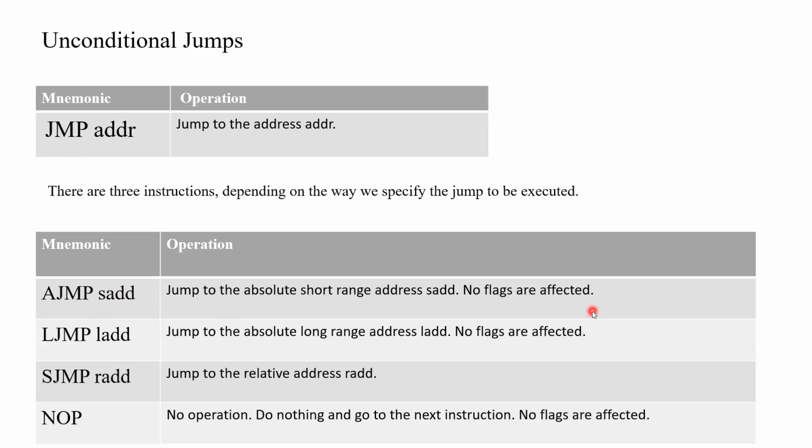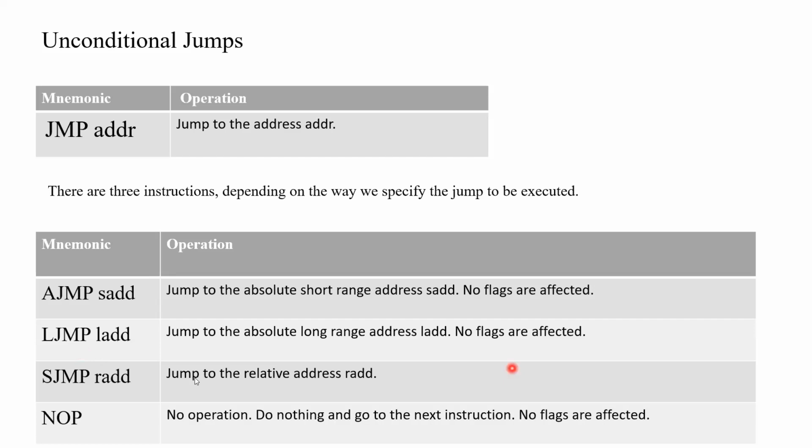Similarly, we have LJMP laddr. It says jump to the absolute long range address laddr. With the help of these JMP instructions, there is no impact on the flags.